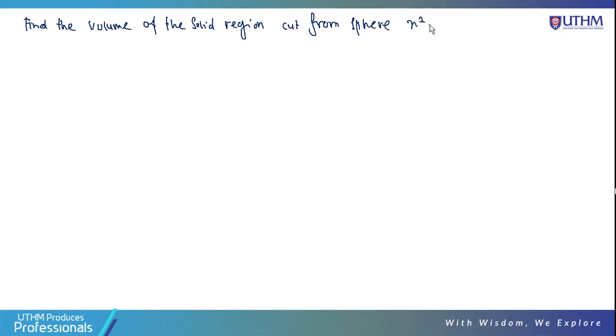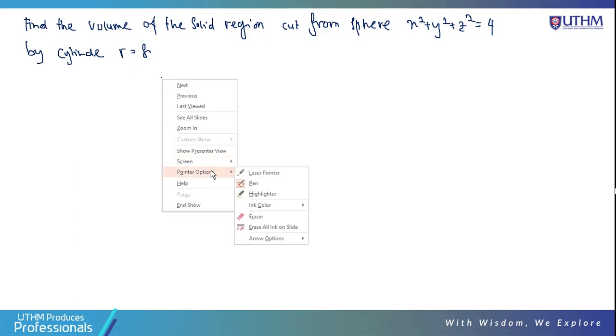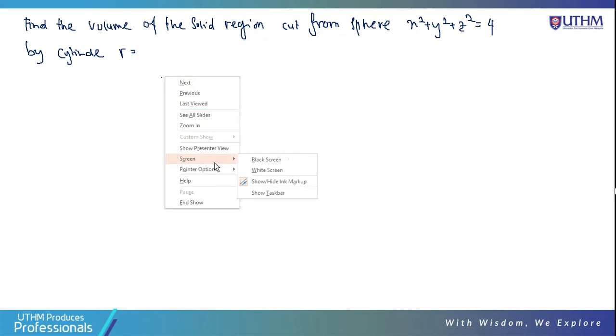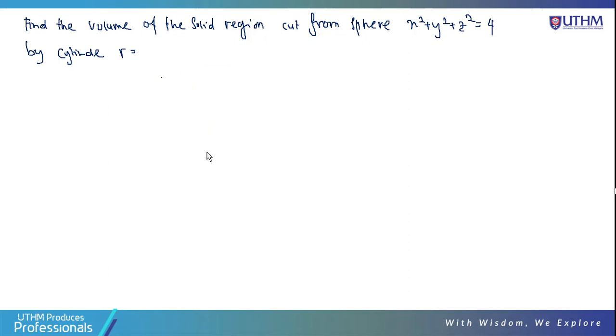x square plus y square plus z square equal to 4. Dekat form sphere, by sphere ni dipotong oleh this cylinder. Okay, cylinder dia given r equal 2 sin theta.